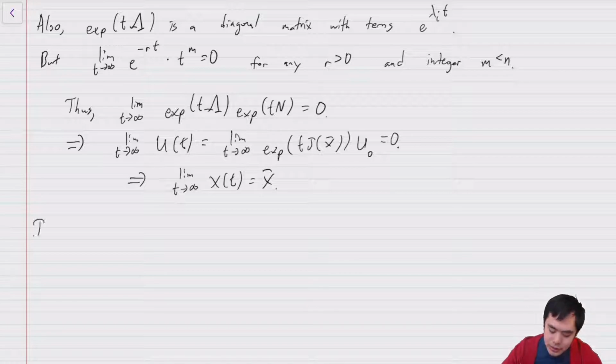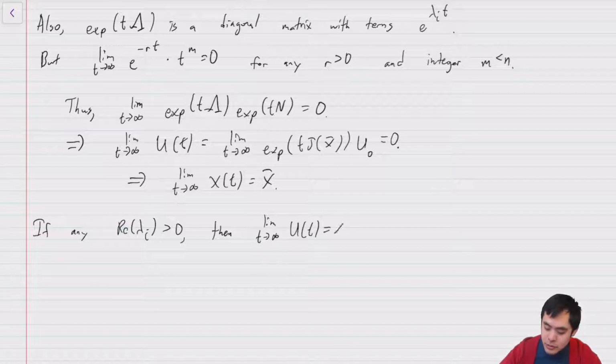Now, on the other hand, if we had any real part of an eigenvalue be greater than 0, then the limit as t goes to infinity of u of t is going to be equal to infinity if u of 0 is equal to vi, the associated eigenvector.